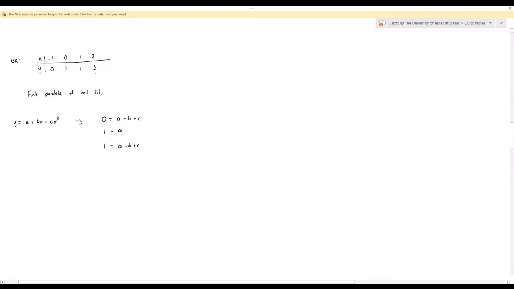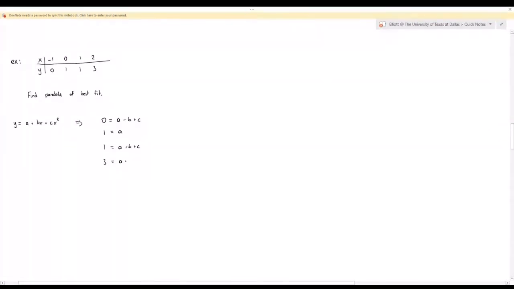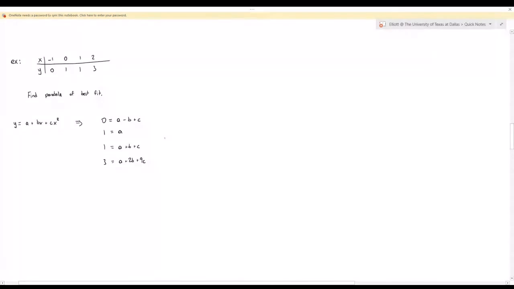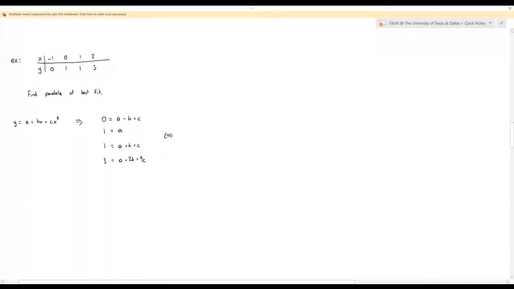And lastly, y is 3 and x is 2. That leaves you with those 4 equations once you plug in the 4 points. Then, just as before, I'll convert this into Ax equals b form.